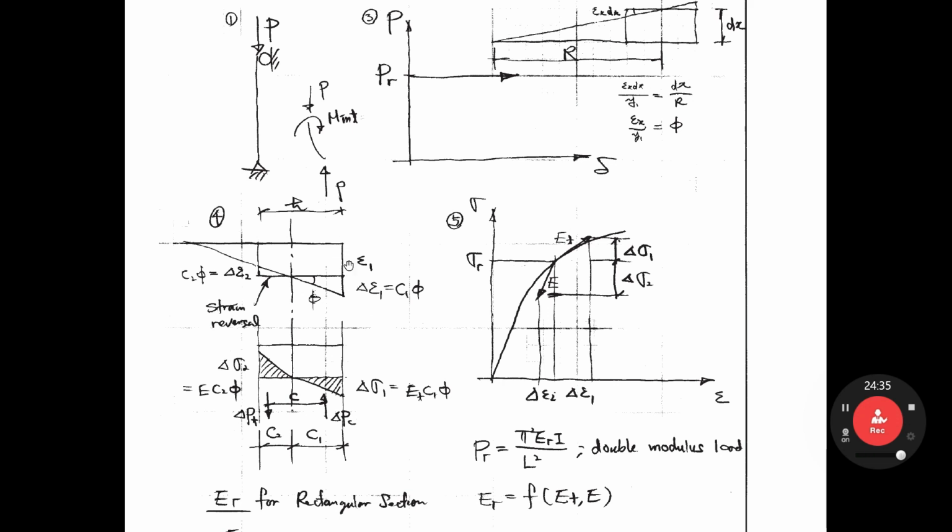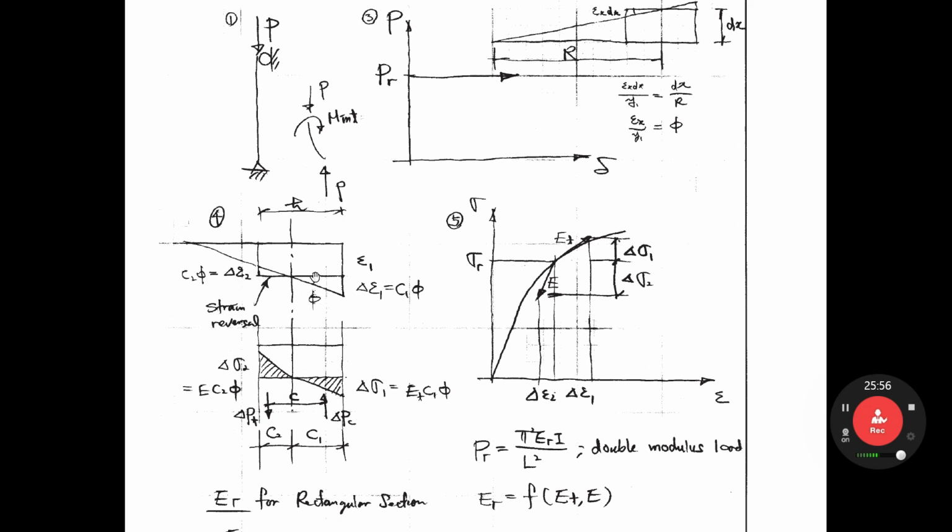So strain increases here, from epsilon 1 and then delta epsilon 1. And then on this left hand side, what happened? Due to this bending stress, the strain decreases, okay? Because the left hand side has tensile stress when it is subjected to this bending moment. So epsilon 1 is compressive stress, and this tensile stress occurs. How much? Delta epsilon 2, due to this tensile side, due to bending. That is delta epsilon 2.